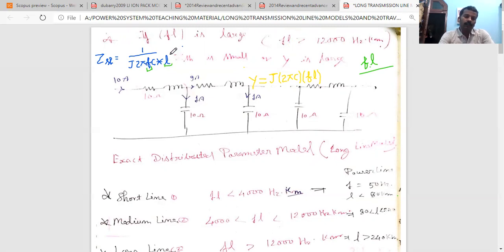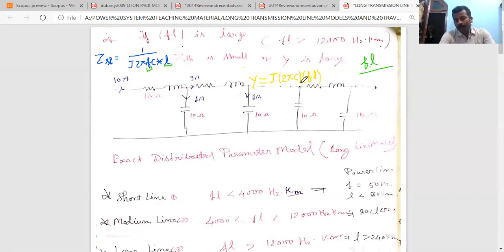You have already heard about Z in the case of a capacitive circuit: Z_C is equal to 1 upon 2 pi fc, but here it is multiplied by L because this is the per unit length impedance, and as there will be length L, it is multiplied by L. Hence this is the impedance of the shunt path, Z_sh.